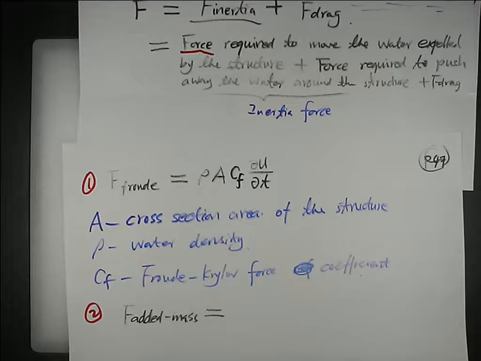If it is a ball, then in any direction it is circular. But if it is a cylinder, in this direction it is a circle like this, but in this direction it is a line like this. That will cause different added mass. So added mass force is related to direction, so that depends on the added mass coefficient.